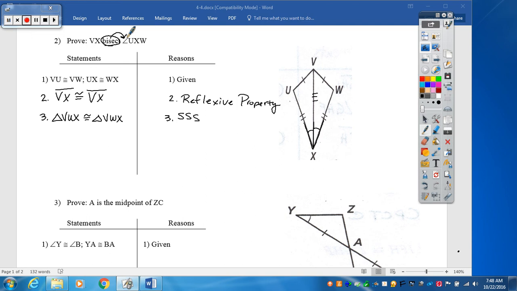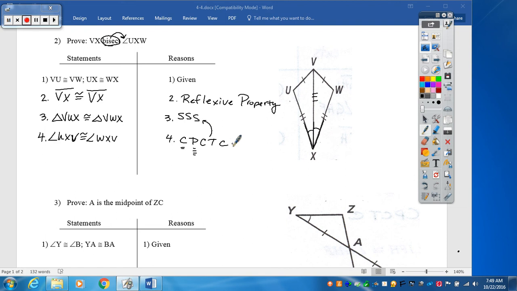So for the fourth step, I'm going to put down here that angle UXW, I'm sorry, UXV, get that right here. UXV is going to be congruent to angle WXV. Again, by corresponding parts, which those two angles are. Sides and angles will be the parts of congruent triangles, which we've already discovered are congruent.